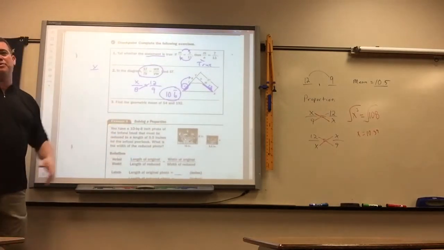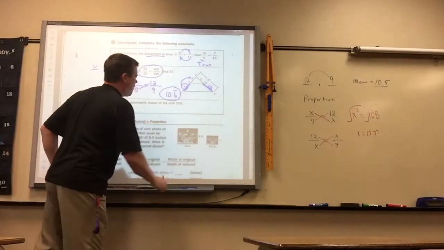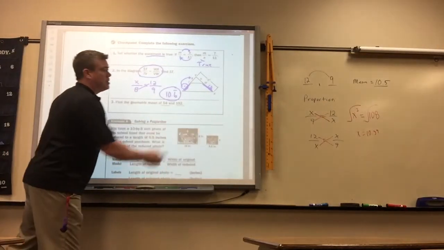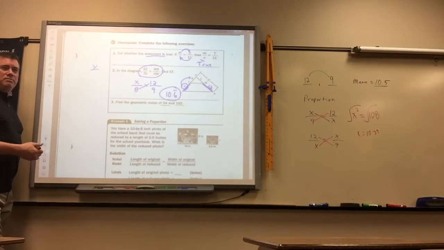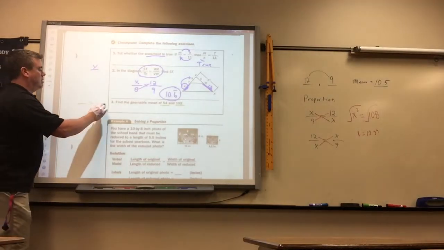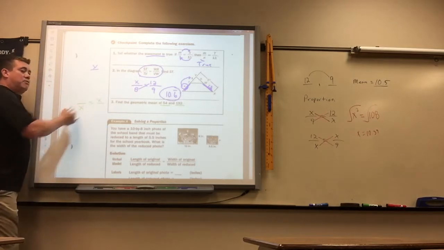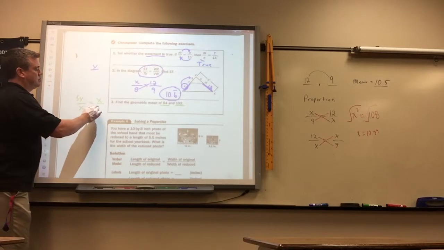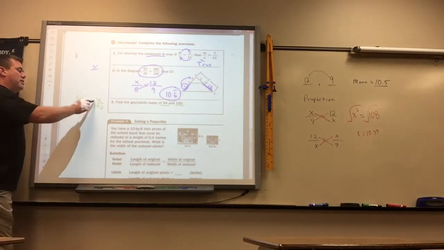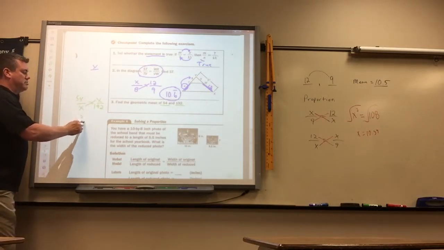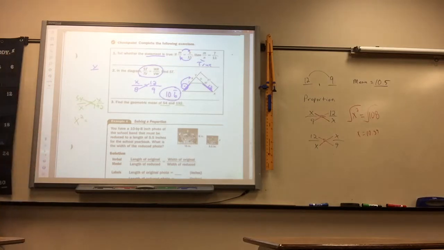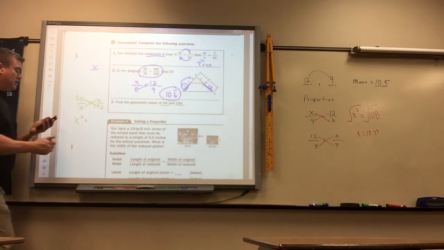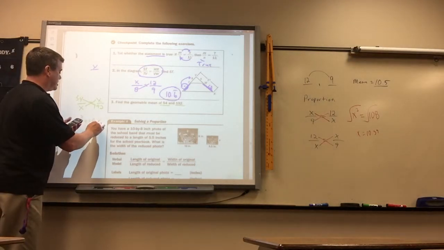Okay, finding the geometric mean. When you're finding the geometric mean of each number, what do you have to set up? A proportion. You just put x's kitty corner from each other, and then the two numbers kitty corner. So when you solve it, x times x is x squared. 54 times 192 is 10,368.